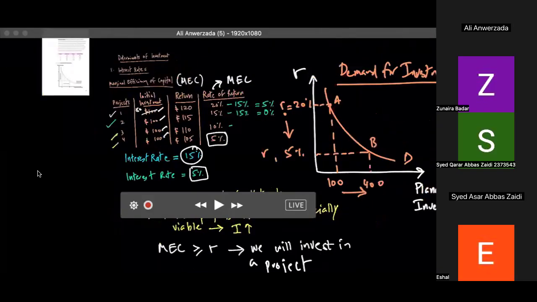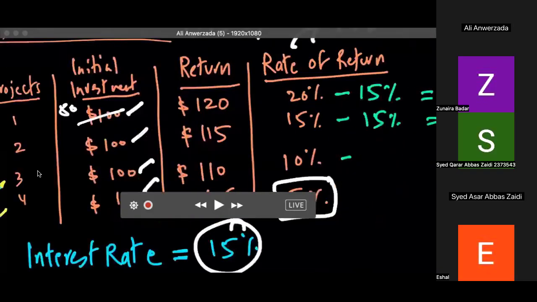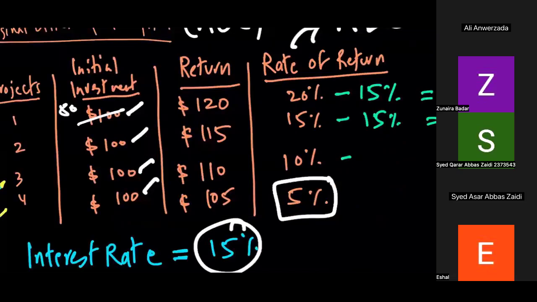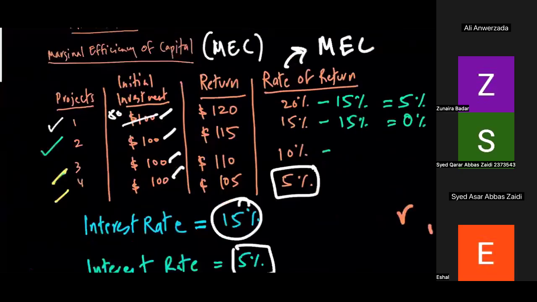Okay, so guys, if your initial investment was 80, and the return was still 120, so 120 minus 80 would mean your rate of return will become actually 40%. Isn't that true?